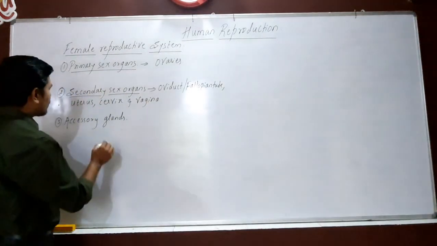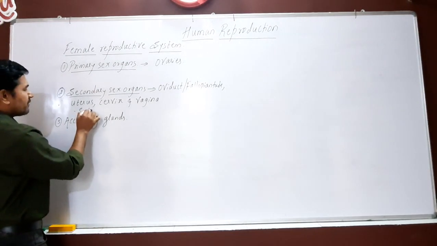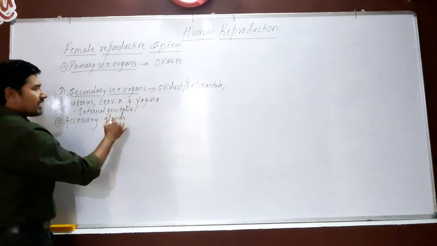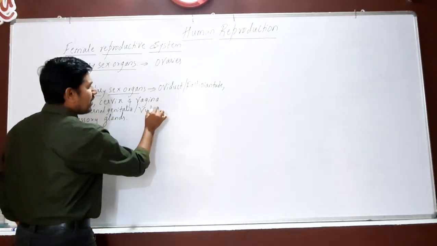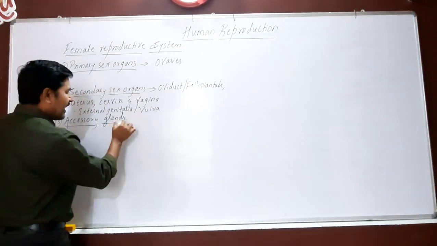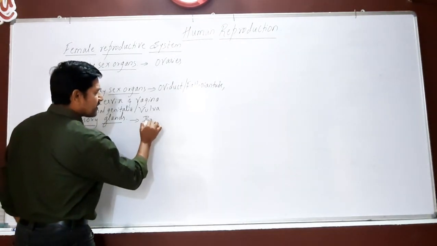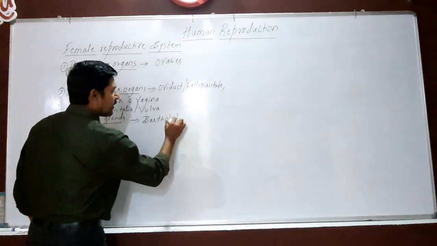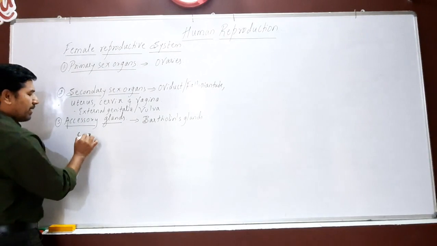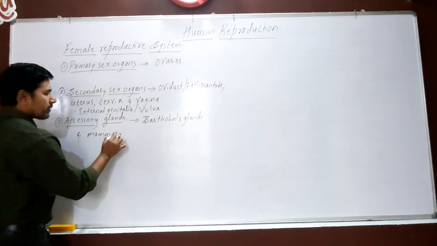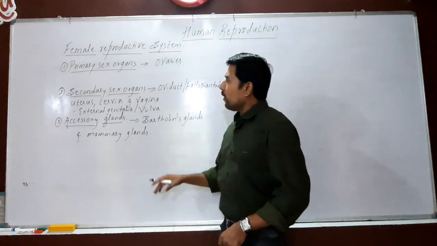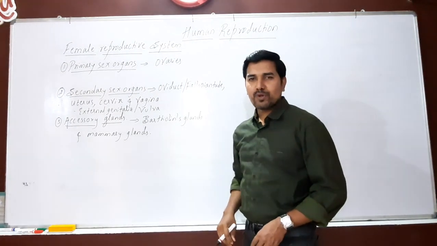Along with this, it also has external genitalia. This external genitalia is also called a vulva in the female reproductive system. Then accessory glands include Bartholin glands and mammary glands. So all these are the various structures present in the female reproductive system.